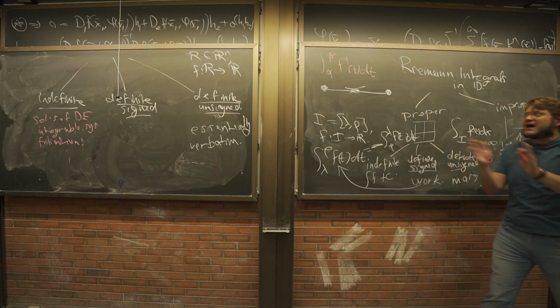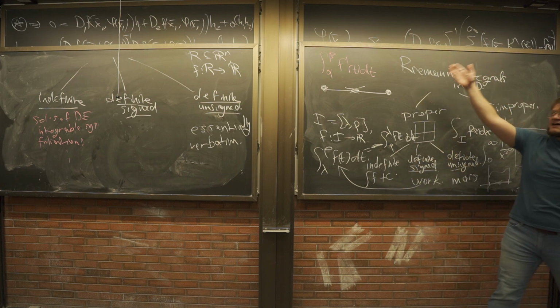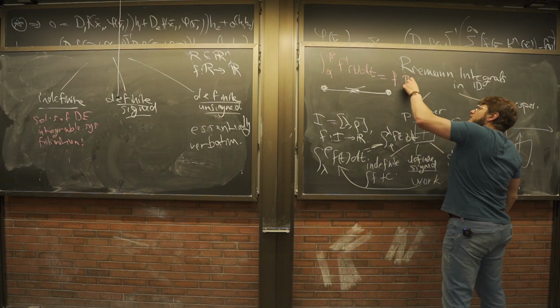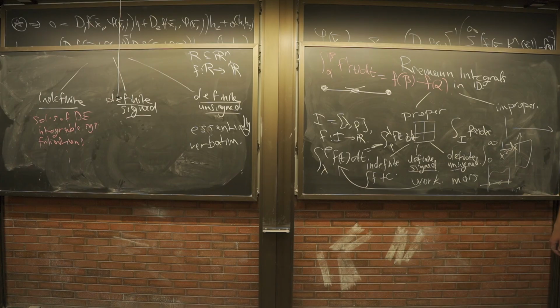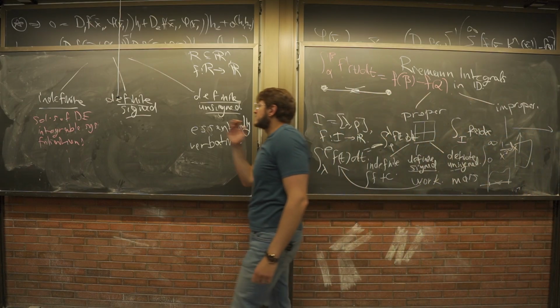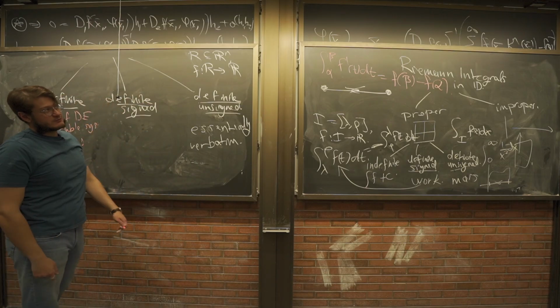It doesn't matter if alpha is to the right of beta or not. This is always f of beta minus f of alpha. So somehow we need to develop this signed integration theory so that something like that still works.